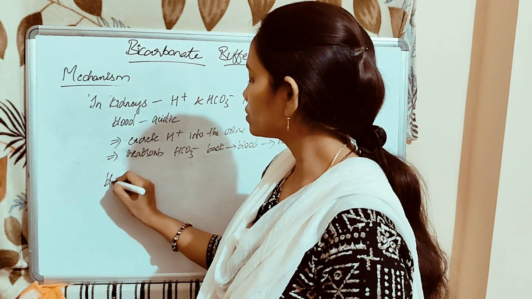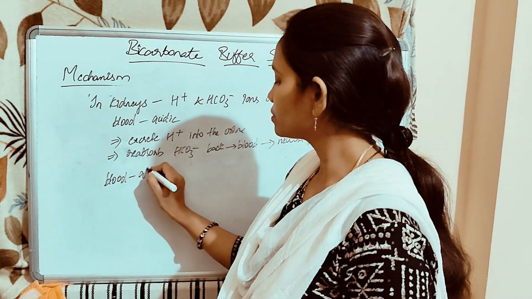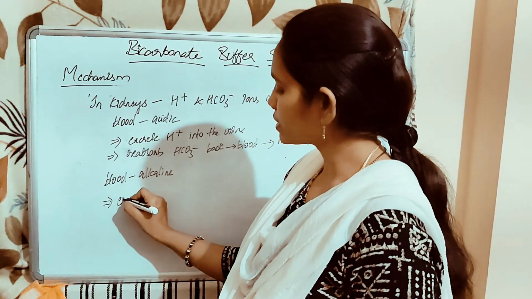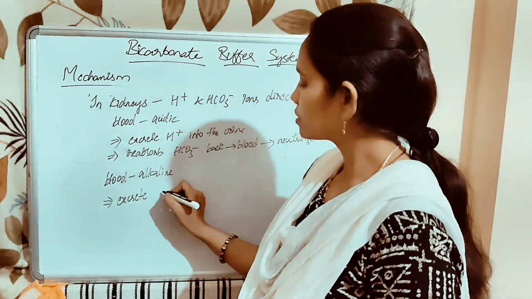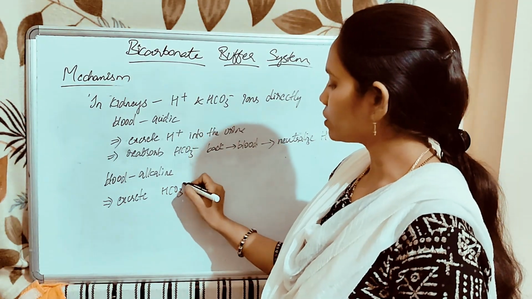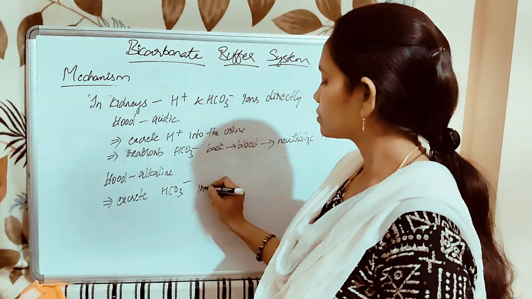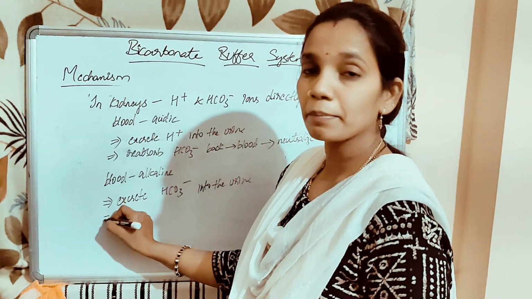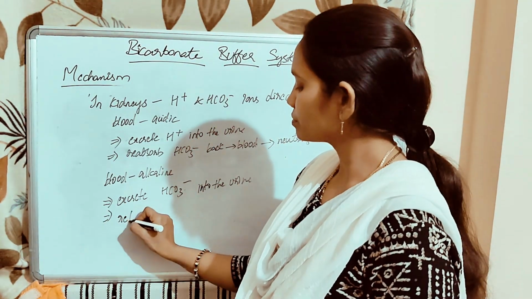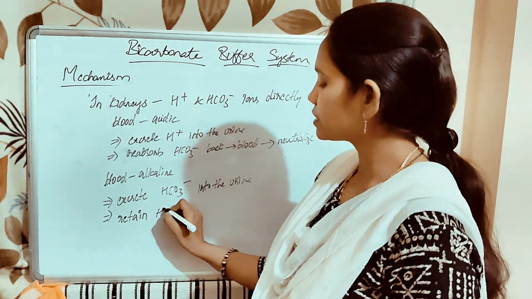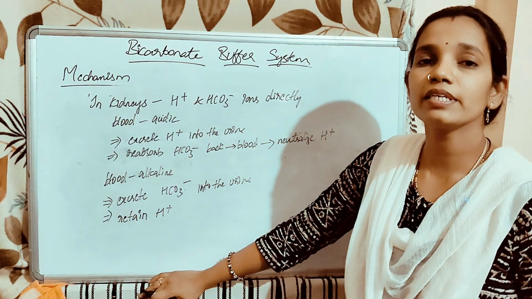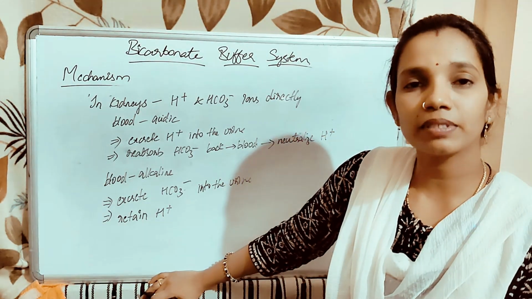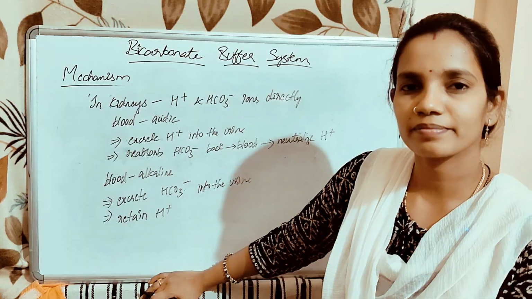If the blood is too alkaline, they excrete bicarbonate ions and they may retain H plus ions. Like this, kidneys also act slowly, but the working mechanism is long lasting.